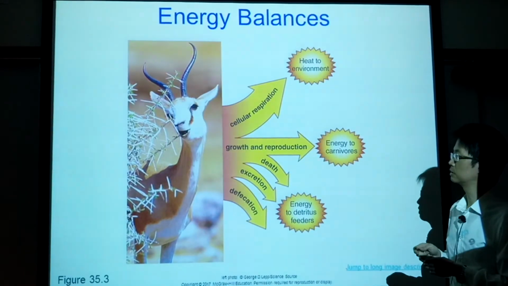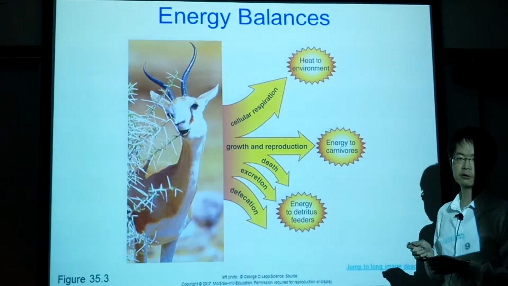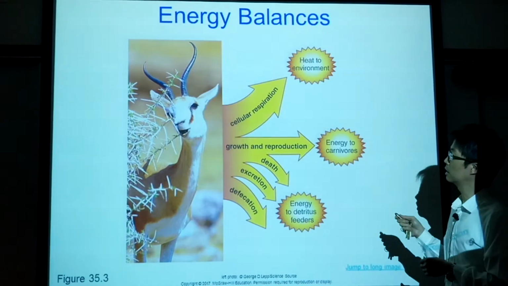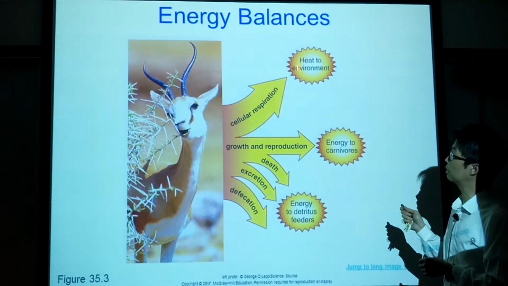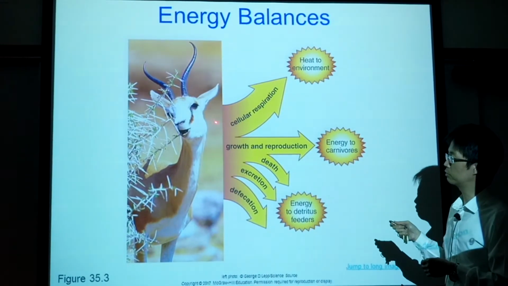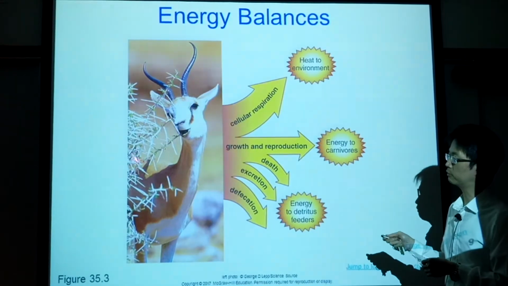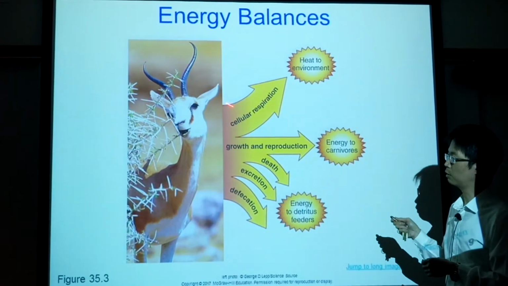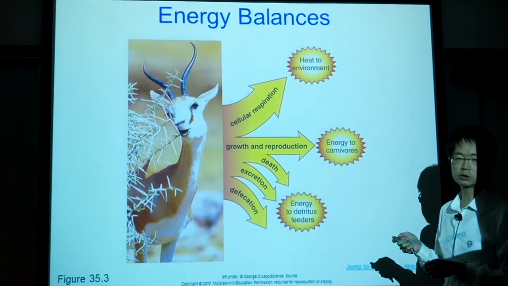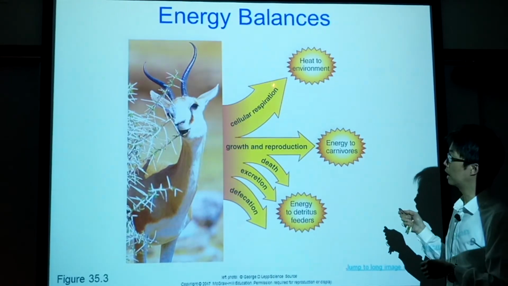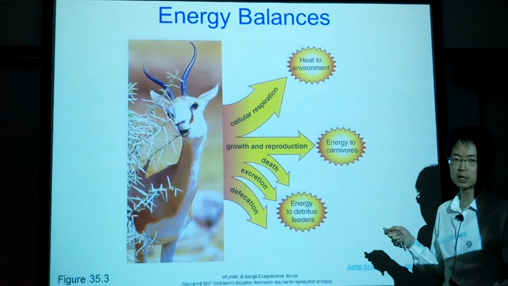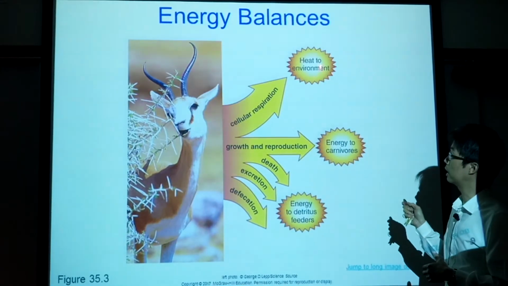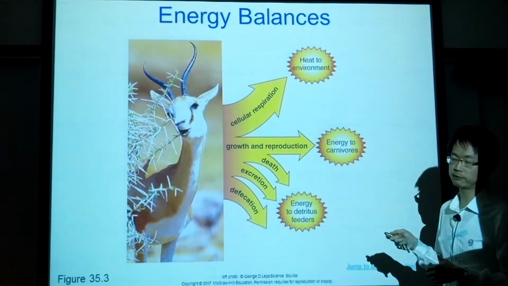Energy balance. According to the first law of thermodynamics, energy will always be lost to the environment, for the animal or for the producer. Both animal and producer do cellular respiration, and cellular respiration produces heat that is lost to the environment.